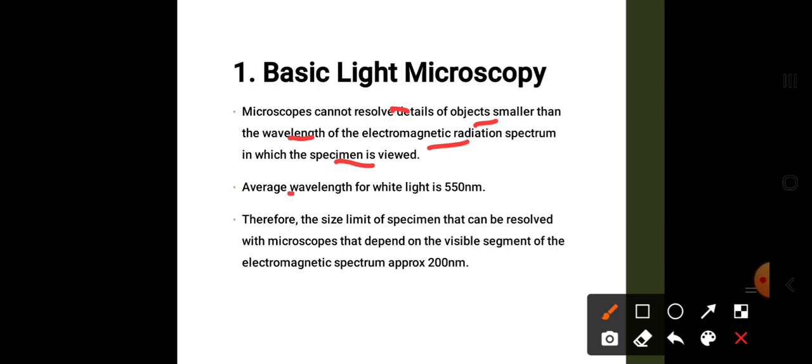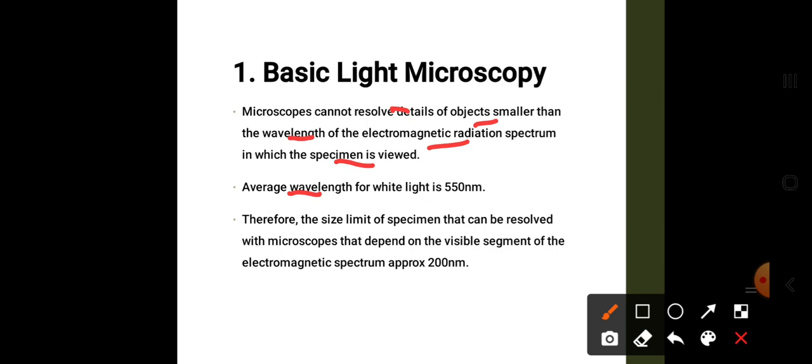The average wavelength of white light is 550 nanometer. Beyond that, this microscope cannot magnify the specimen. The white light means the visible light.